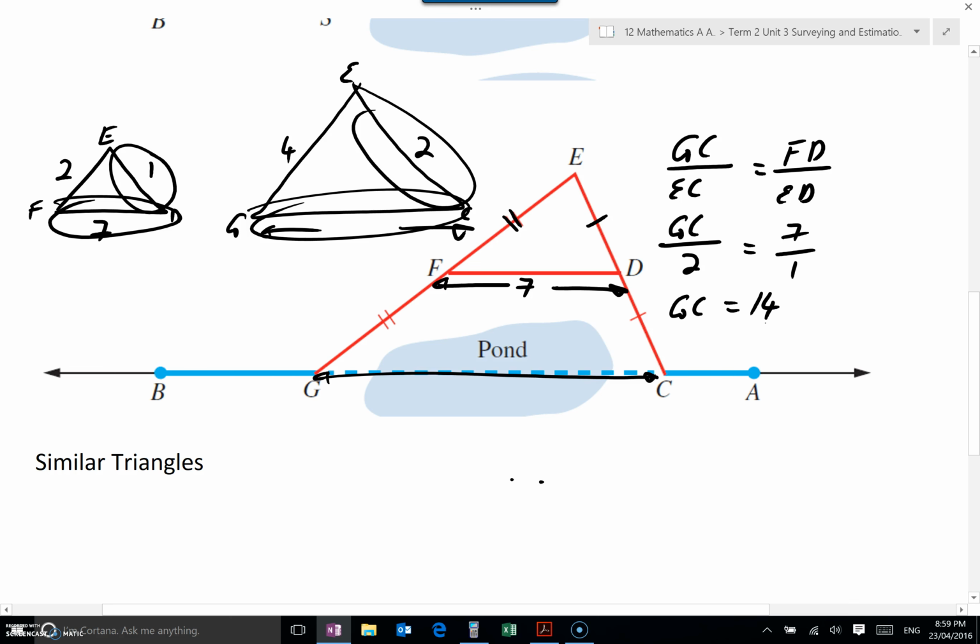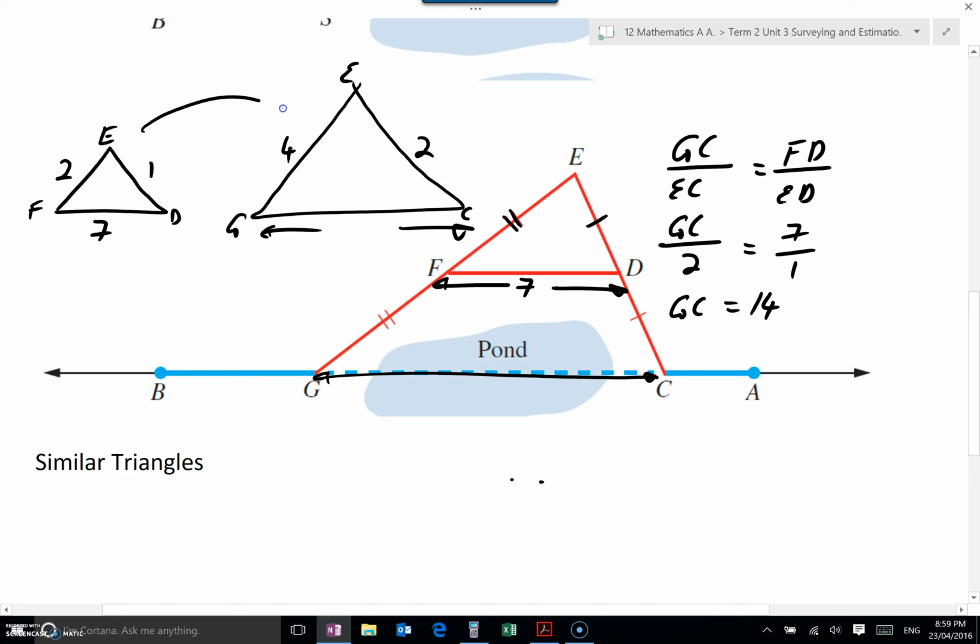You probably think, yeah, that was a bit harder than it probably could have been. You might be saying, why can't I just say that the scale factor is 2 and then do 7 times 2 equals 14? Hey, that'll be okay as long as you showed how you found this scale factor.